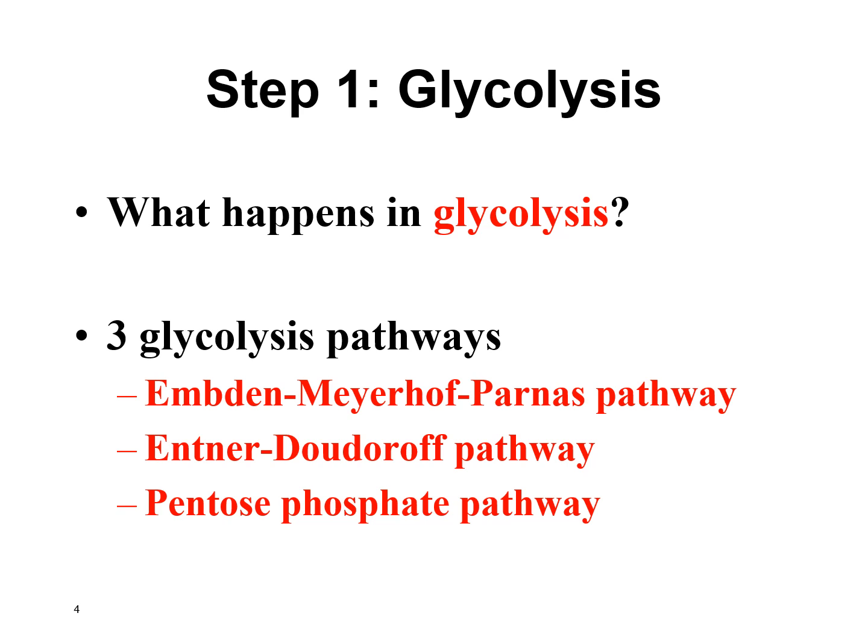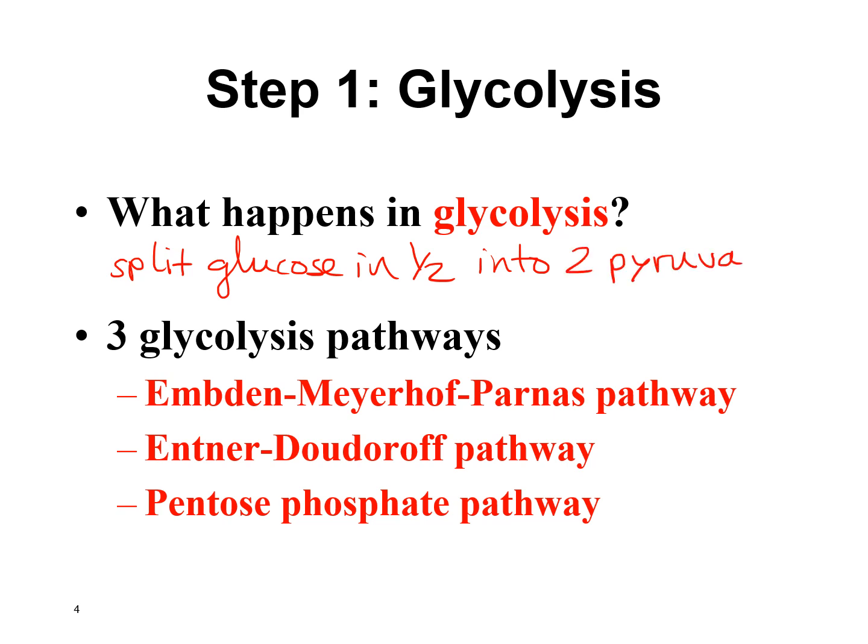So what we're going to do is split glucose in half into 2 pyruvates. So our 6-carbon glucose, we split into 2 pyruvates, which each have 3 carbons.